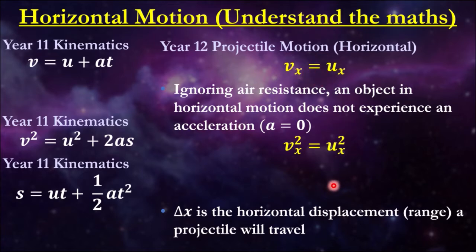So nothing has really changed in that part. And then our last one is the displacement in the horizontal component. Usually we call it the x displacement, sometimes we call it the range. And if we get rid of the acceleration, it looks a bit like this. So the change in displacement in the x component is given by this formula there.